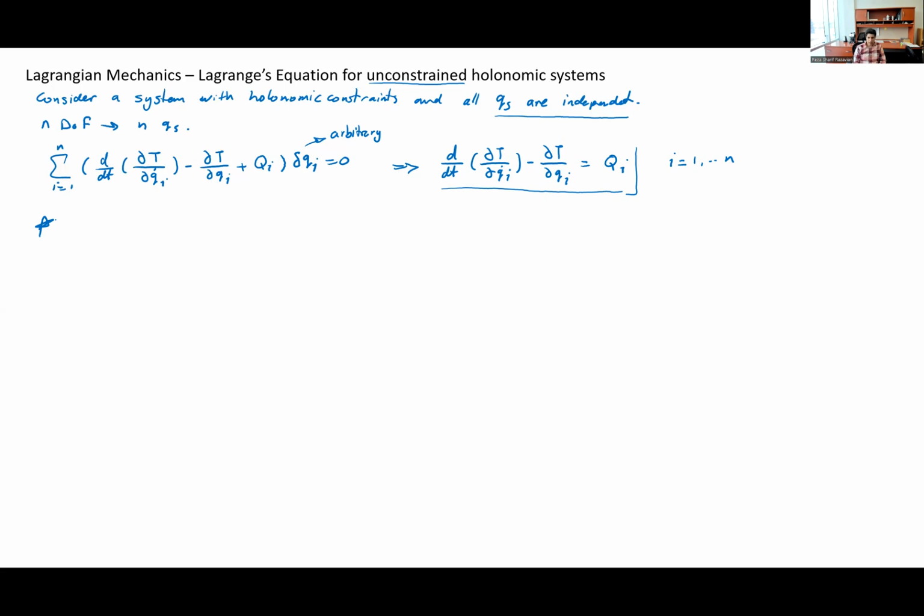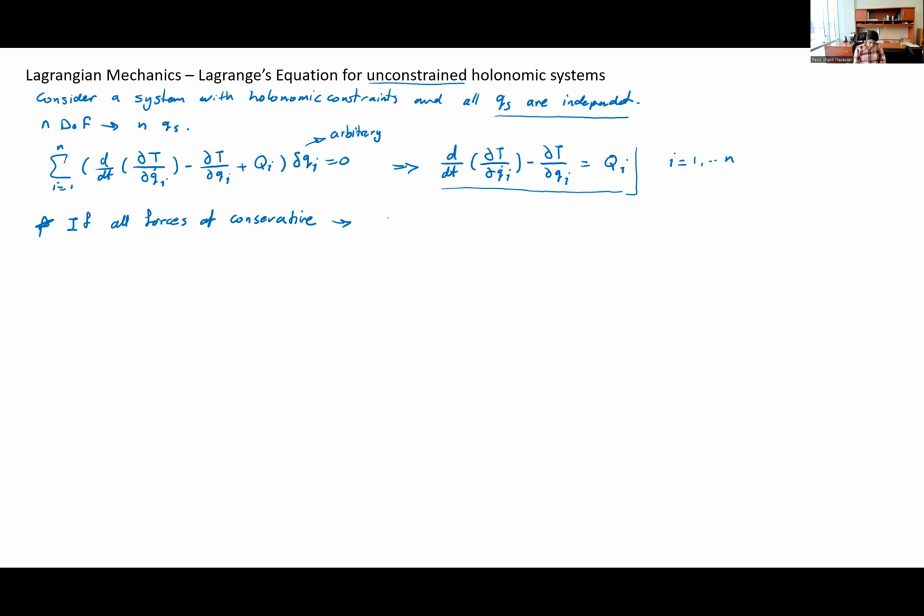Let's consider two subcases. One is if all forces are conservative. So all forces acting on the system, all external forces, are conservative.